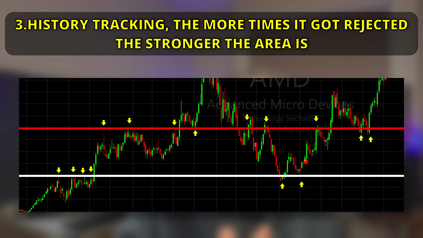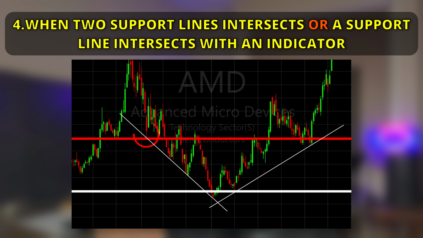So if it touches twice, okay. The third time and it rejects, it's even stronger. The fourth, it's even stronger. And the fourth factor is when a trending support or resistance intersects with a horizontal level of support or resistance, that becomes a key point area as well. So all those 4 make it a stronger support or resistance area.